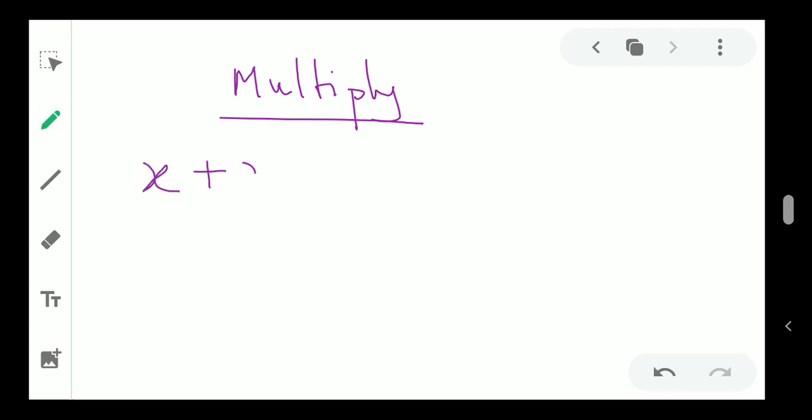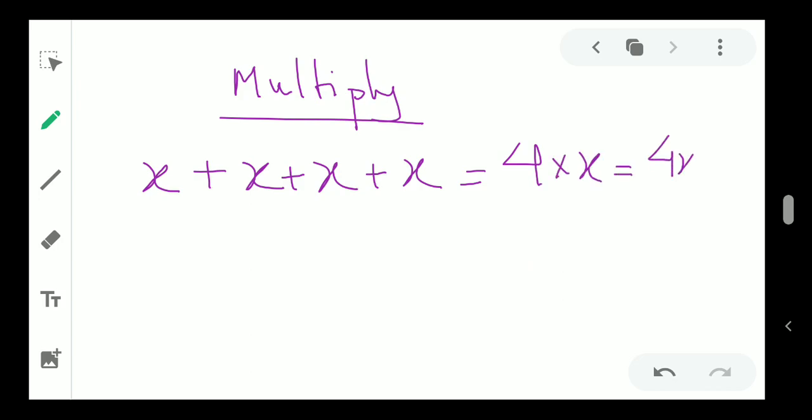And to multiply, you have to remember the first thing we have learned about powers, when you have variables. When we add all the variables, the shortcut we write for 4 multiplied with x is 4x.